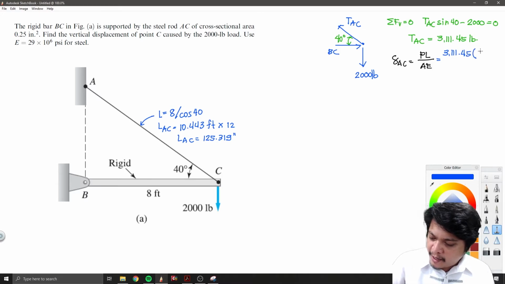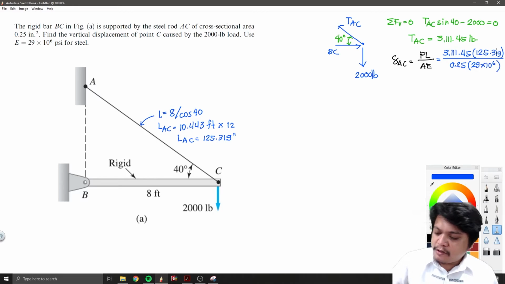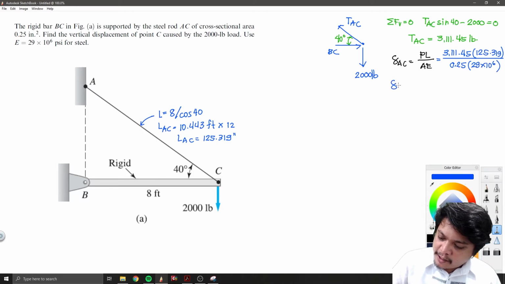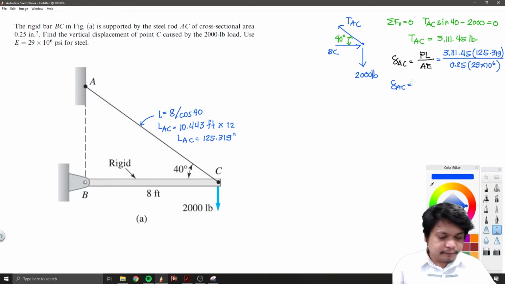Okay? So P is 3,111.45, L is 125.319 all over the A. Okay, binigay na naman yung A, so that's around 0.25. And then the E is 29 times 10 to the 6. Okay? So, meron ka na ngayong deformation AC.